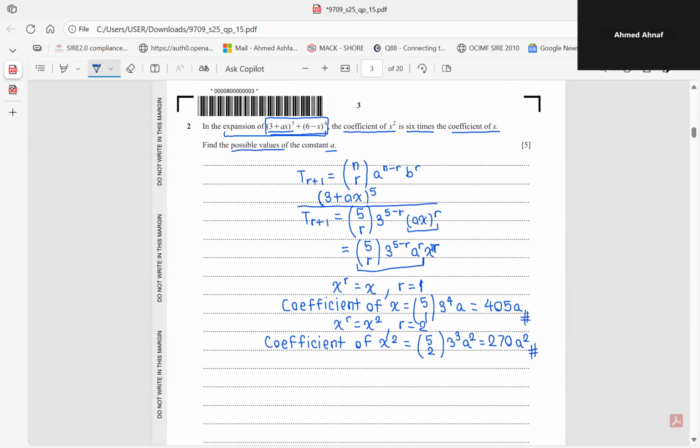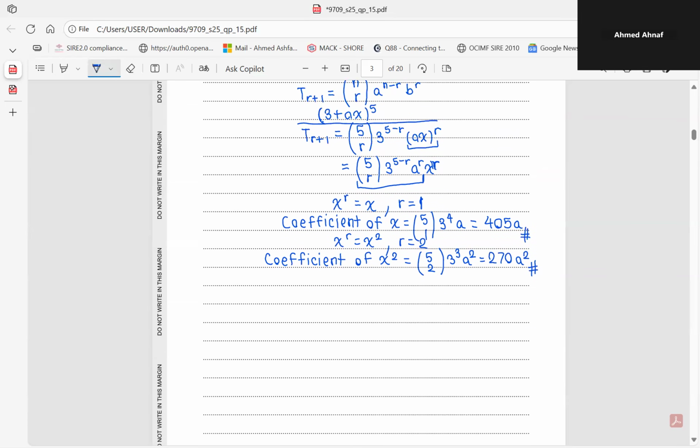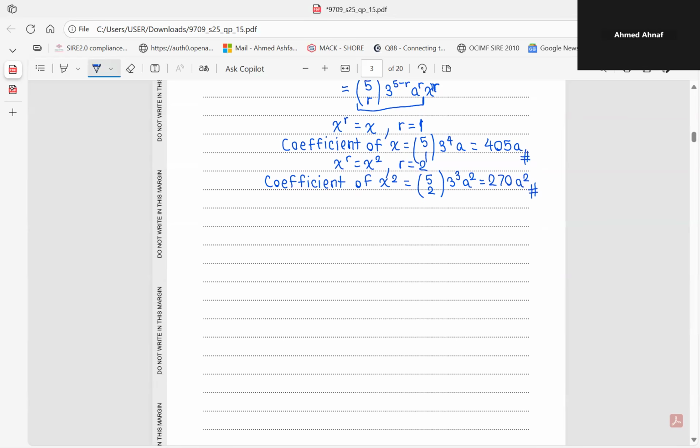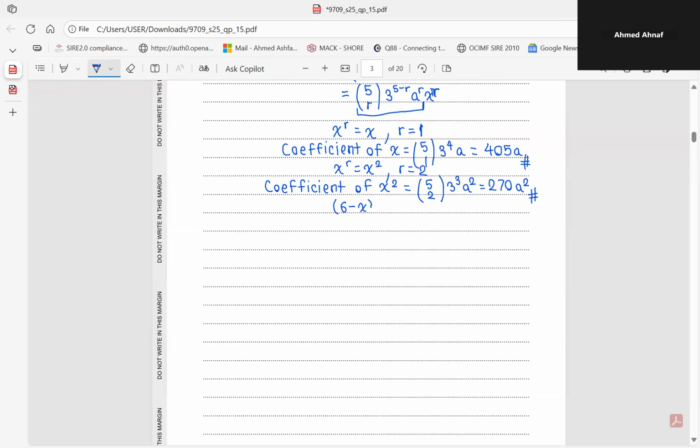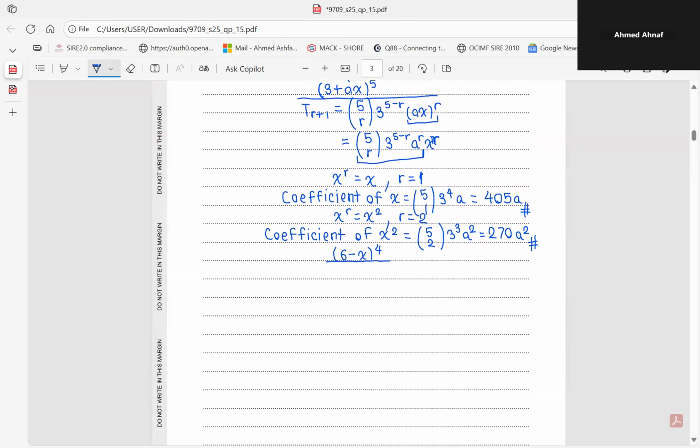Now let's do it for 6 minus x to the power 4. So the general term would just be n choose r, so 4 choose r times a, which is 6 to the power of 4 minus r, times negative x to the power of r.